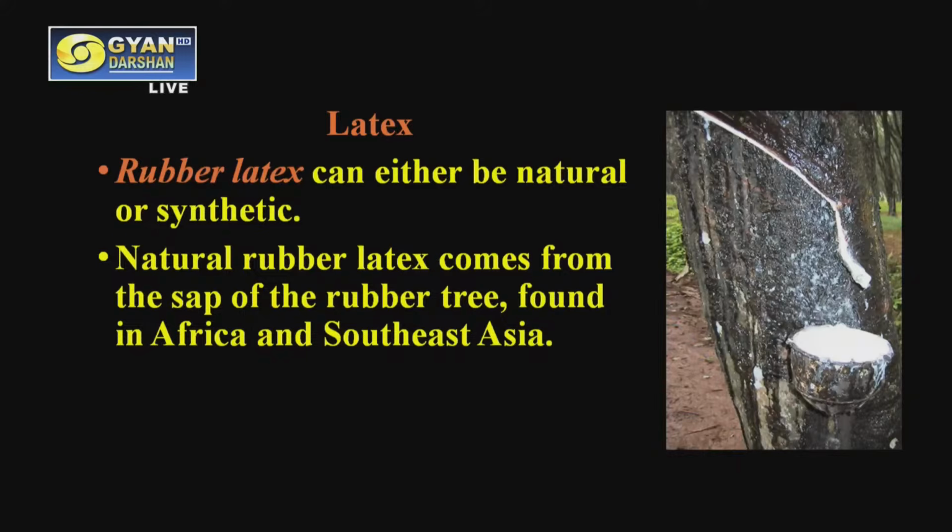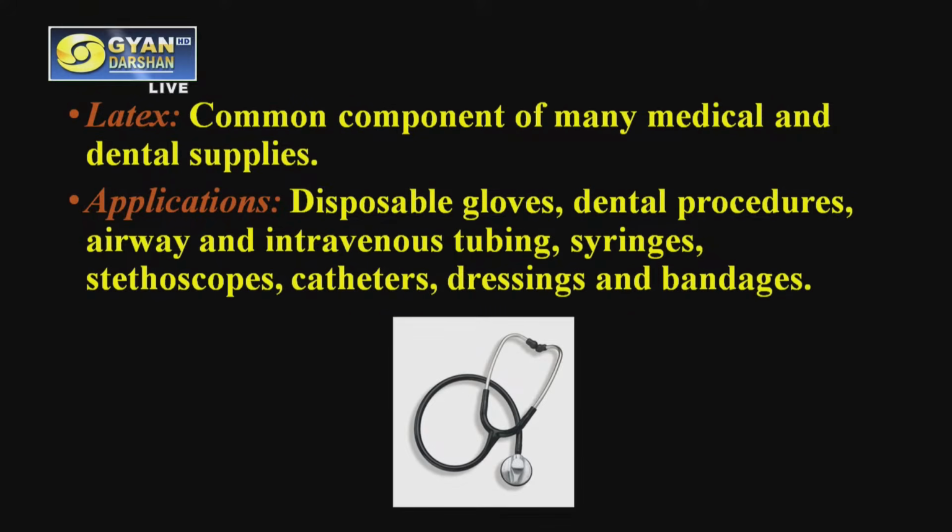Coming on to rubber and latex. Rubber latex can be either natural or synthetic, and the natural rubber latex comes from the sap of the rubber tree, which is found in Africa, in Southeast Asia and in our country too, and this latex is used for making gloves.